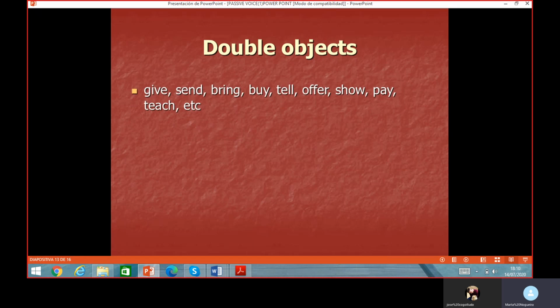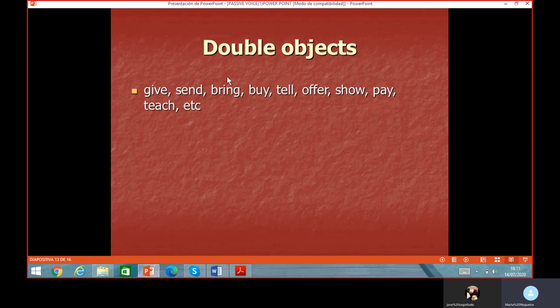Which is the problem? Double objects. Sometimes we have verbs that require two objects. Which two objects? The direct object and the indirect object. Okay, this is the same in Spanish. Give, to give something to somebody, dar algo a alguien.